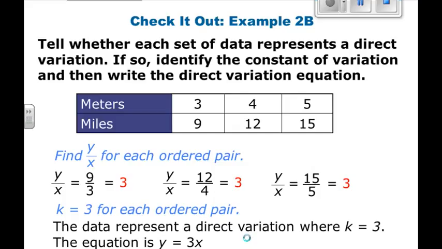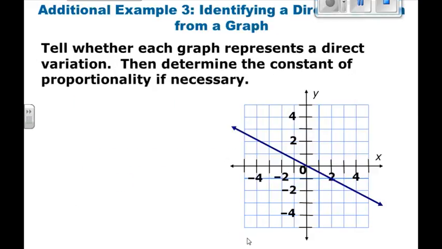Now, data can be represented as graphs as well. When determining if a graph represents a direct variation or if a graph is proportional, both of those mean the same thing, you'll hear us refer to both of them, we have to determine two things.